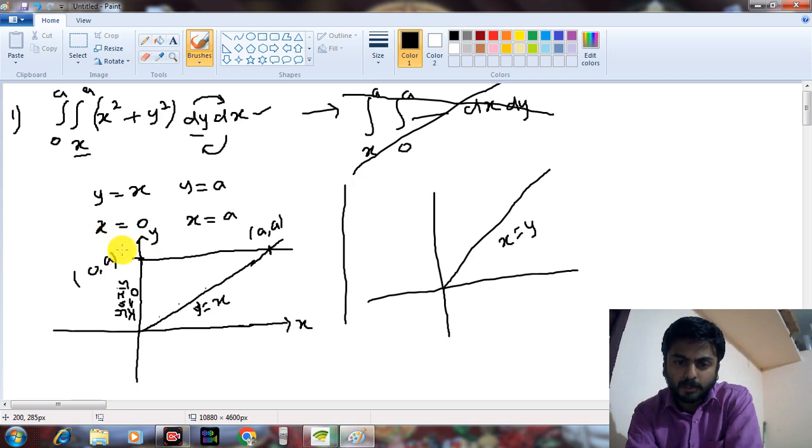So x equal to 0 is over, and the next is x equal to a. At this point x equal to a, so I am taking x equal to a.